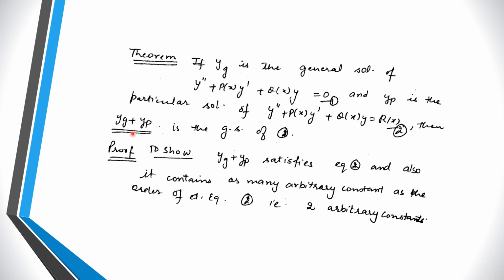We will put it in the left hand side and prove that this is equal to the right hand side. If left hand side is equal to right hand side, it means it satisfies equation 2 and is a solution of equation 2. Moreover, it contains two arbitrary constants. Therefore this is the general solution of equation number 2.